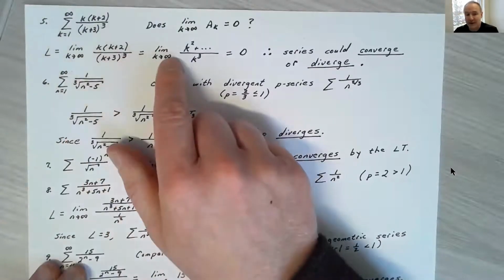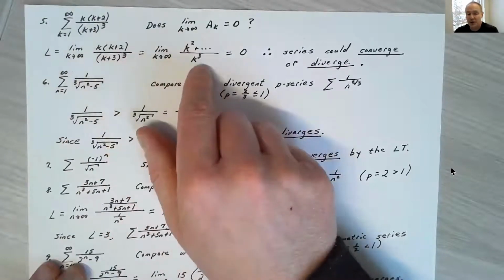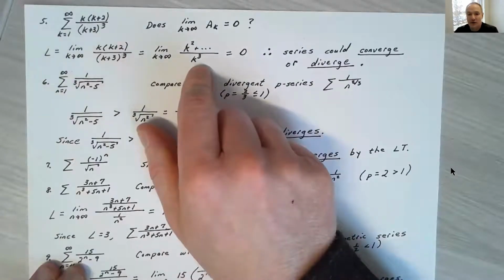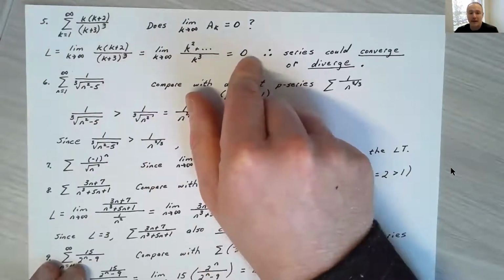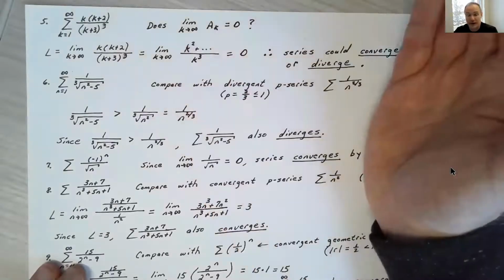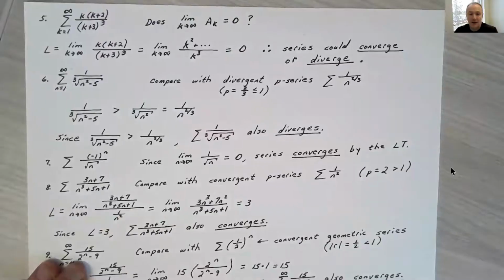Please remember, in an infinite limit of a rational function, you only care about the largest powers in the numerator and denominator. Since the denominator is of greater power, this fraction is going to zero. The limit as k approaches infinity of k squared over k cubed reduces to 1 over k, and as k goes to infinity, that goes to zero.